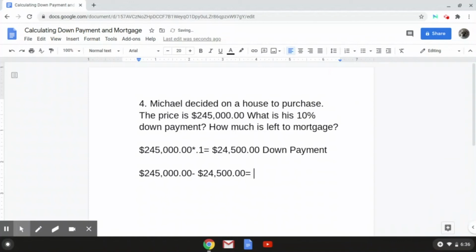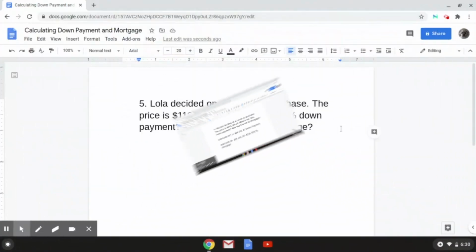This will give us our new mortgage amount of $220,500. So the new down payment is $24,500, and the new mortgage amount is $220,500. And that is how to solve this problem. So I'm going to be doing one more with you guys.